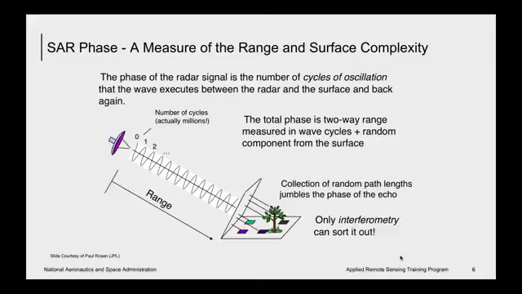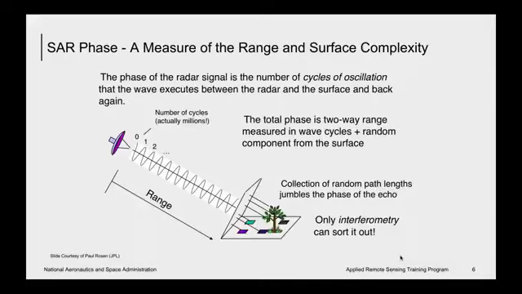And in fact, the radar phase is a fraction of the radar wavelength. The radar wavelength typically is between 3 centimeters and 24 centimeters: 3 centimeters X-band, 6 centimeters C-band, and 24 centimeters for L-band.